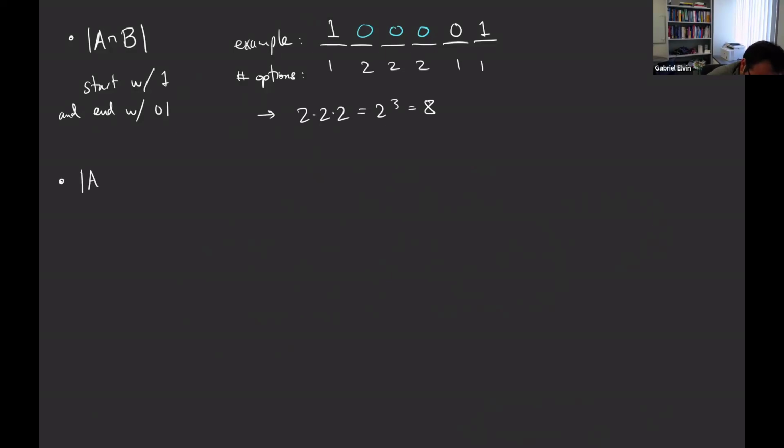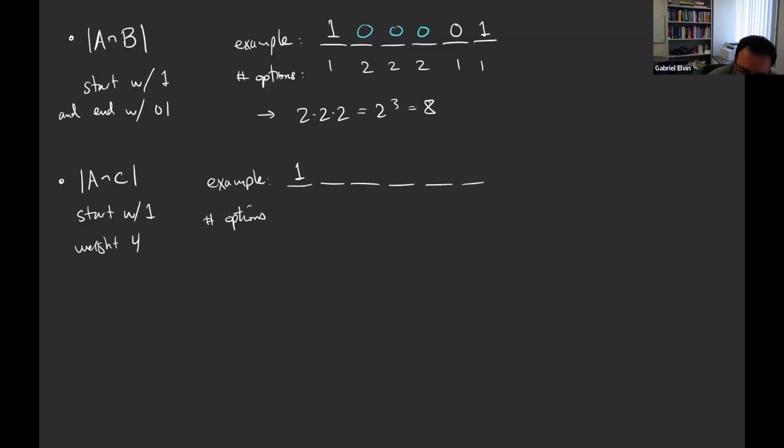Okay. So what about A intersect C? That's starting with a 1 and exactly 4 ones, or weight 4. So let's draw our little diagram again. 1, 2, 3, 4, 5, 6. Well, it has to start with a 1. Great. And it has to have weight 4. Well, it already has a 1.